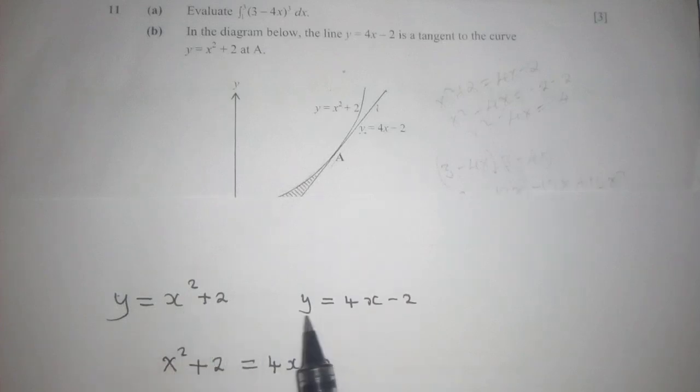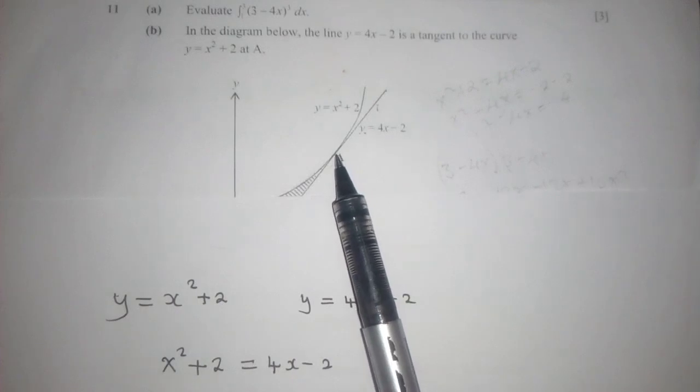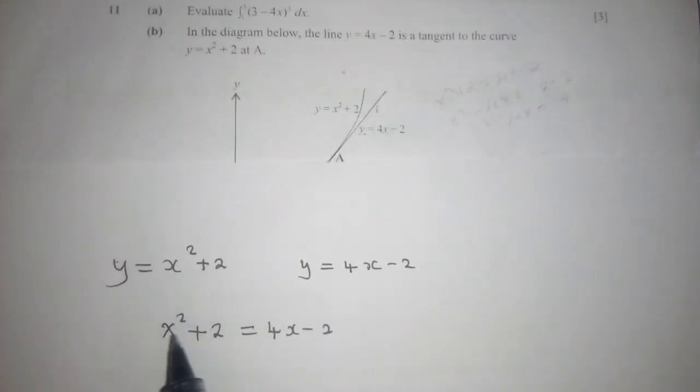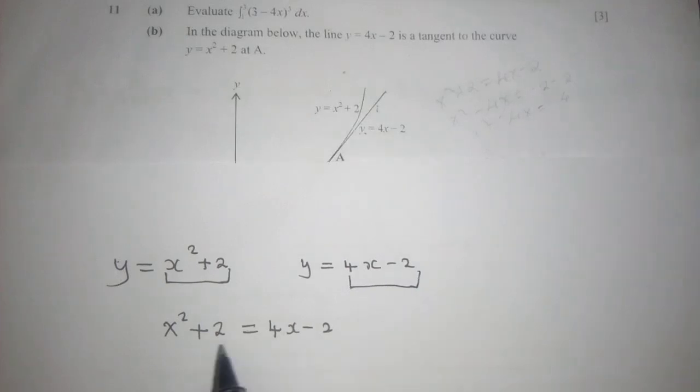So equating these two, we are trying to find the intersection, and the intersection will be the coordinates of point A. So just get this is equal to this. So this is what you do. Once you do this, you can solve.